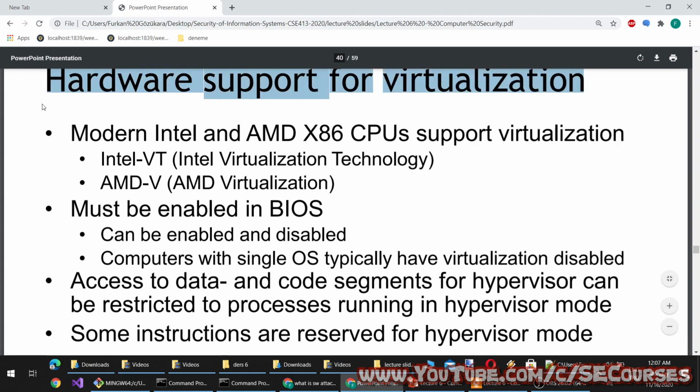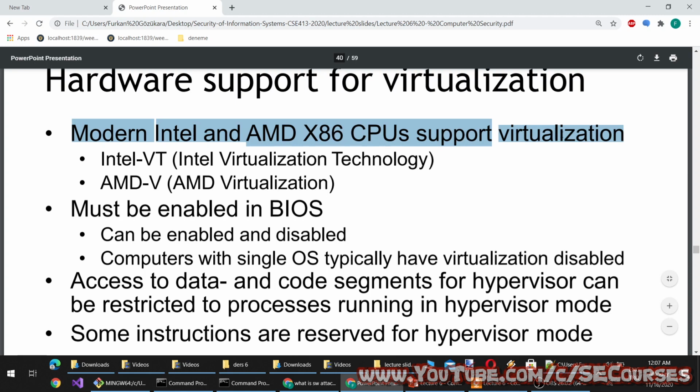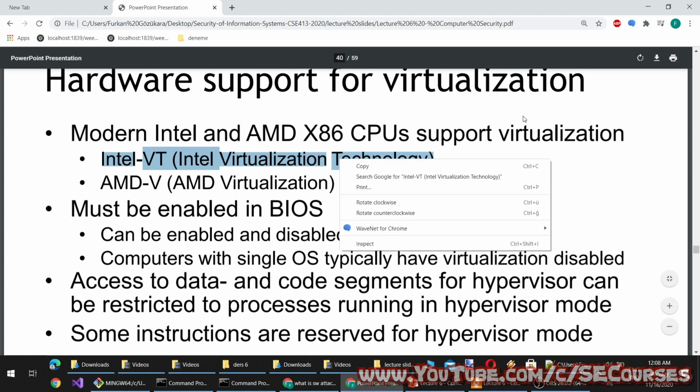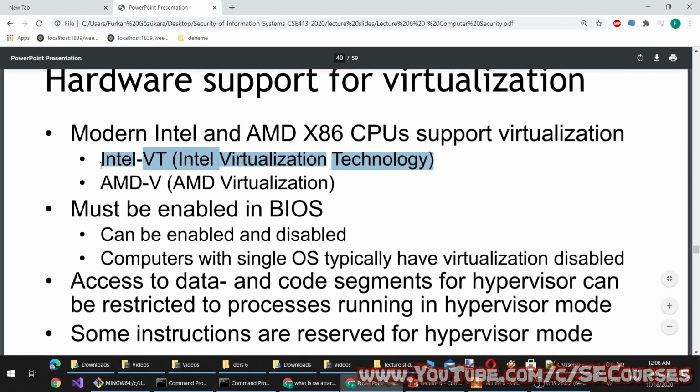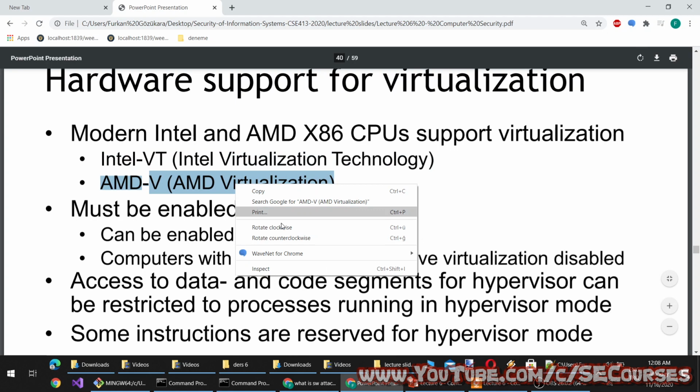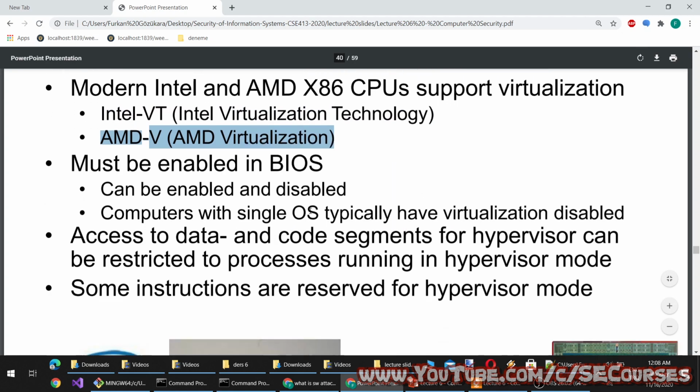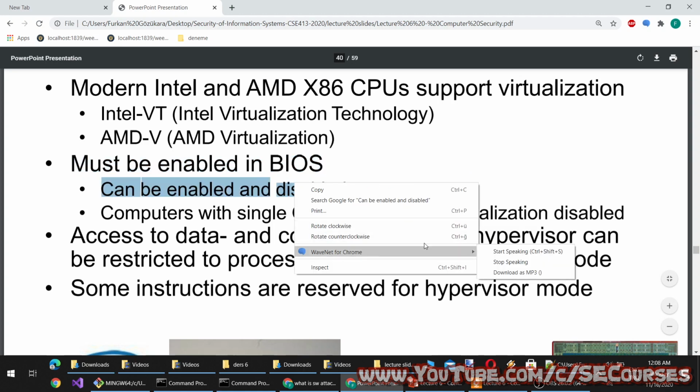Hardware support for virtualization. Modern Intel and AMD x86 CPUs support virtualization. Intel VT, Intel Virtualization Technology. AMD-V, AMD Virtualization. Must be enabled in BIOS.